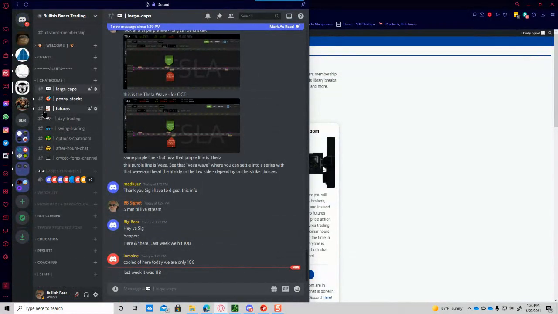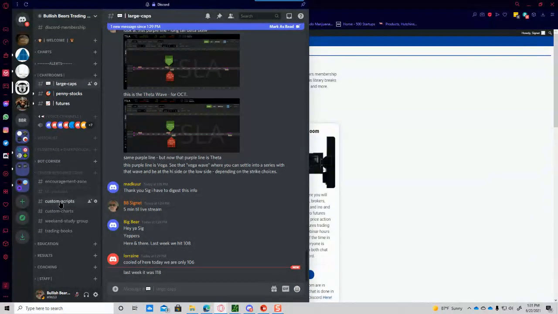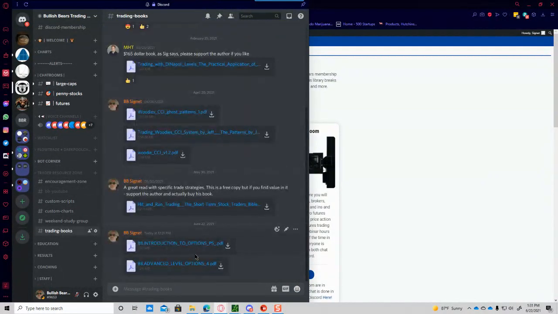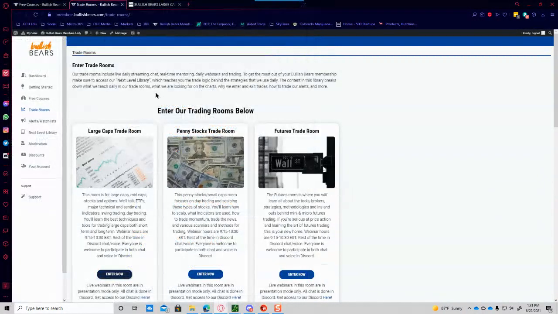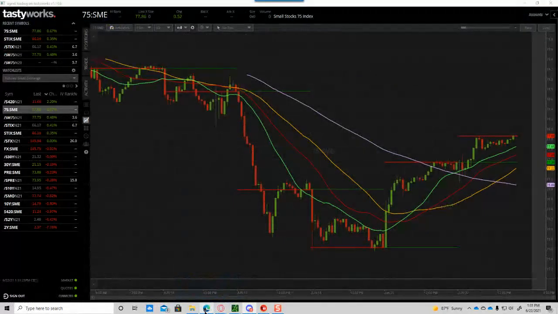I didn't want a lot of books in there, so the idea is that I just keep using the same book. All right, so Trading Books, Introduction to Options, Part 5. It continues on from last week. So let's go to the book.